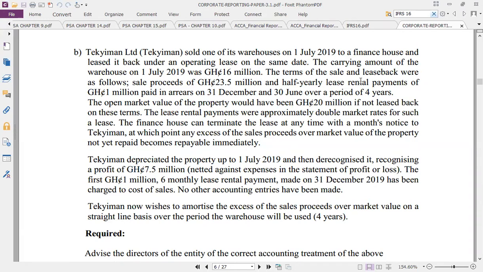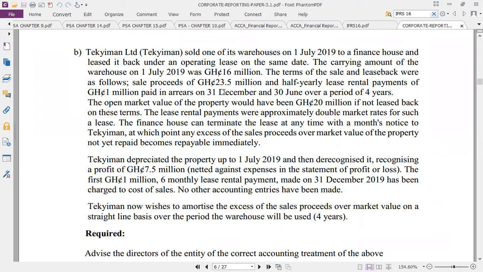The terms of the sale and leaseback were as follows. Sale proceeds, 23.5 million. So that's the sale amount. Check this: if it's equal to the fair value, there's no problem, and we move on. But if it's not equal to the fair value and this sale is above the fair value, that means the entity has made what you call notional gain or tentative profit.